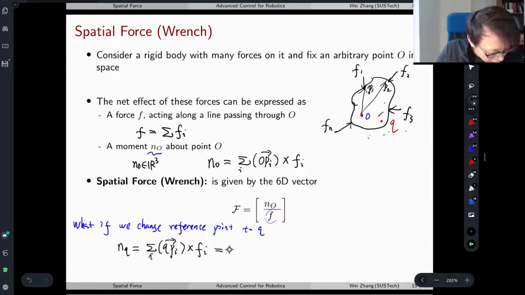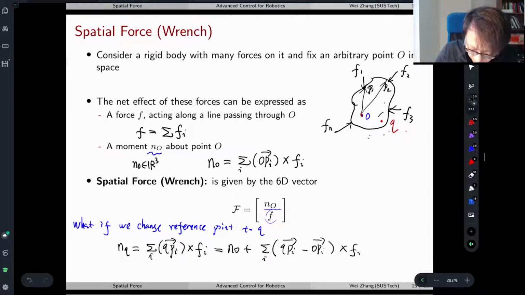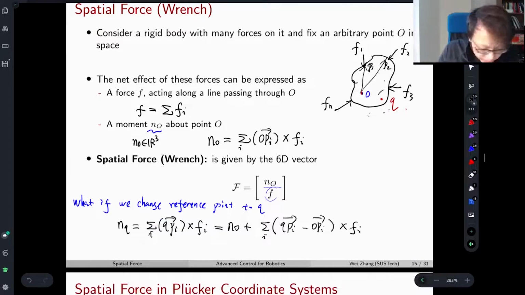This is nothing but N of O, which I want to keep in mind, plus the summation. I need to add this term and subtract this out. So we'll have Q Pi minus O Pi, cross Fi. Hope you're fine with this. And then it will be this NO plus, Pi got canceled out, right?